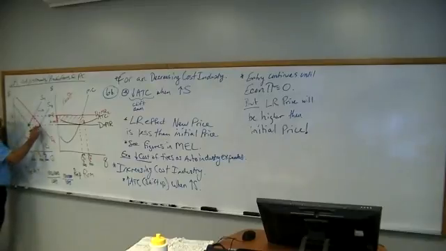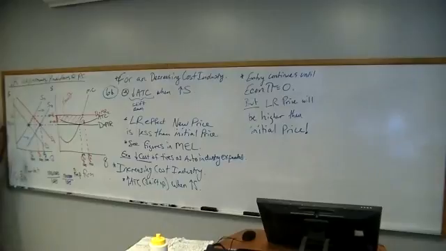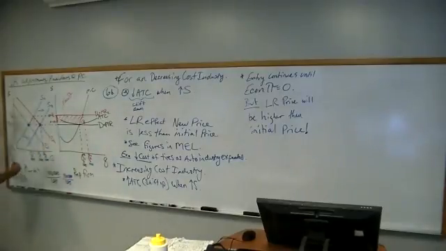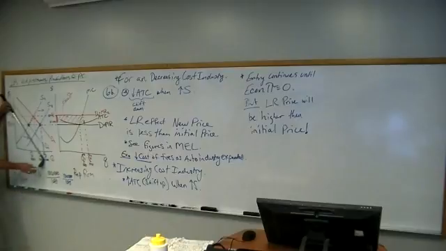And we ended here in a constant cost industry. What if the demand curve would have been here? What if there was a negative demand shock? The economy goes into a recession, causing average incomes to fall. Let's walk through that mentally here.